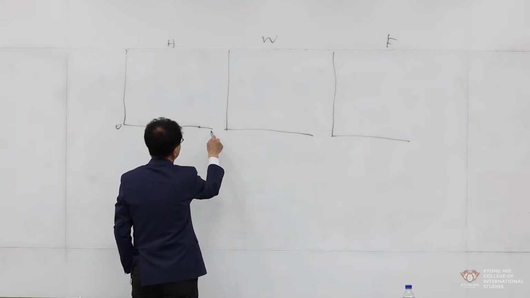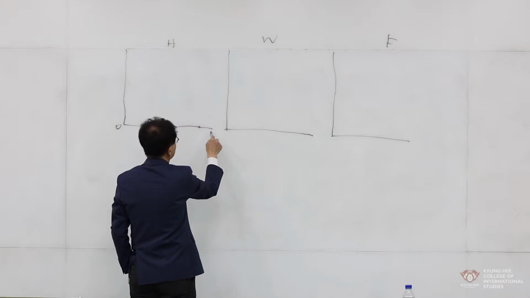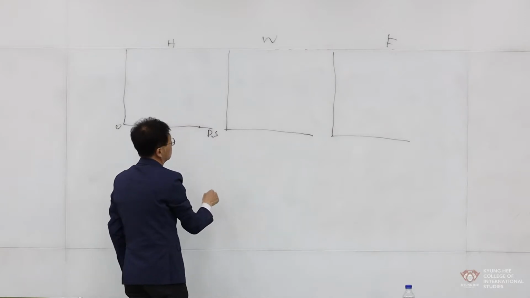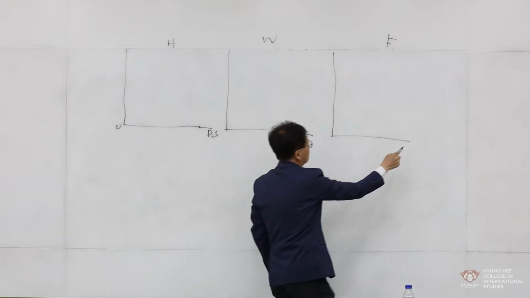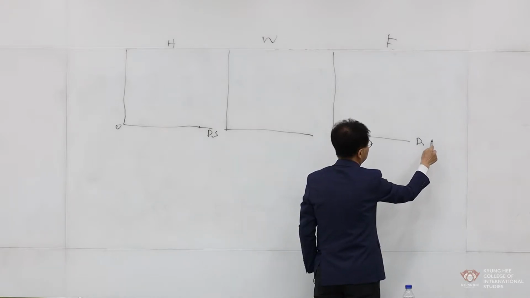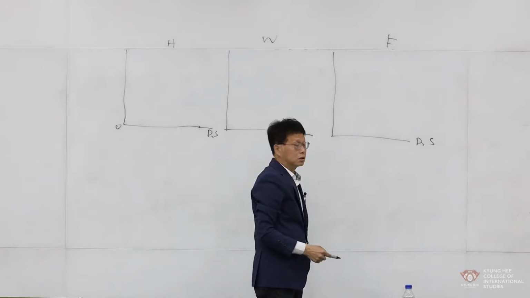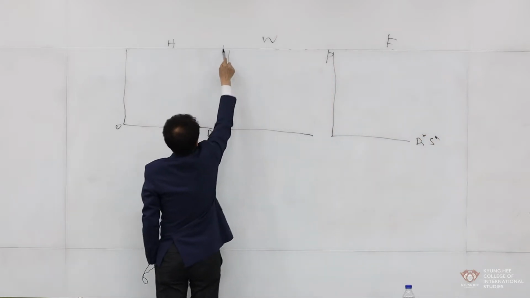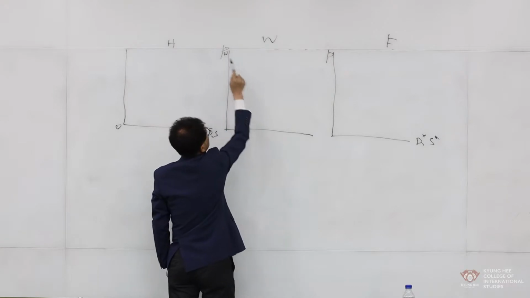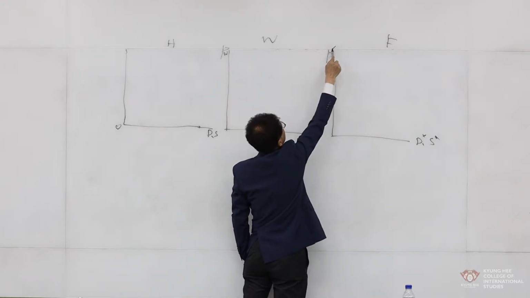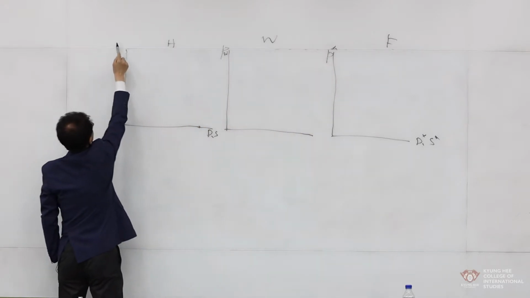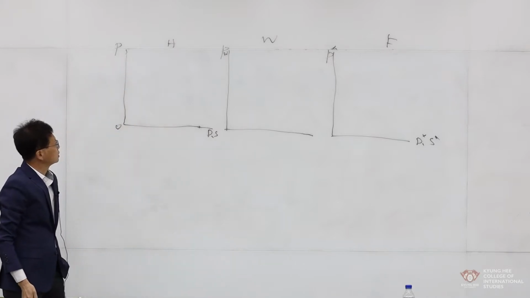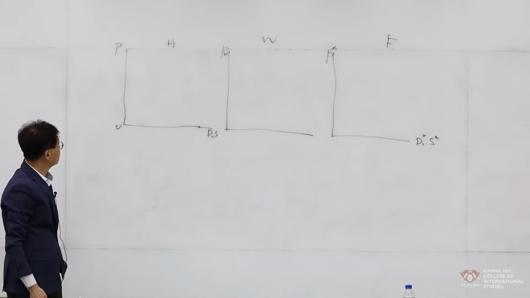This is domestic demand and supply, right? Quantity of demand, quantity of supply in Australia, like this, and price, the world price, for example, the Australian price, P star, and the price in the domestic market, like this, right?